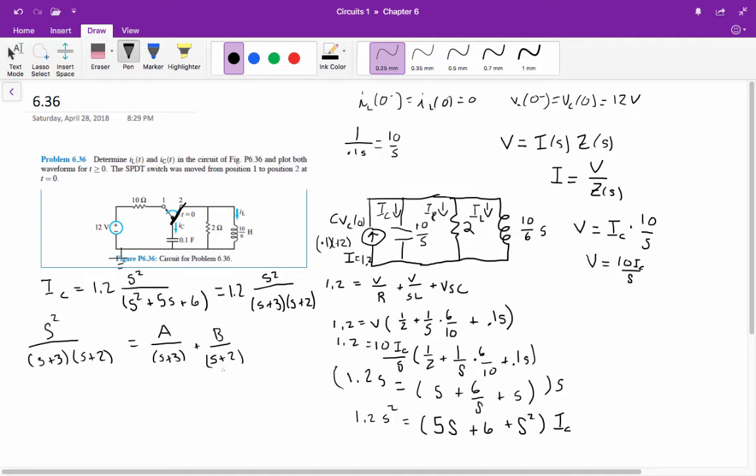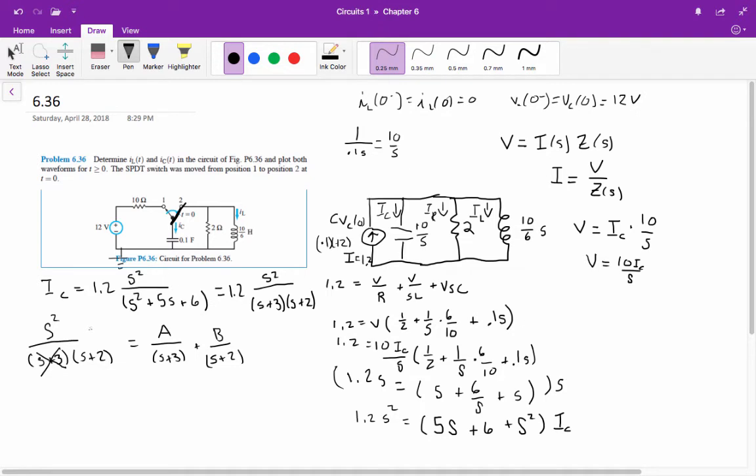Now I'm going to show you my super sneaky way of doing partial fractions as long as you just have linear factors. To figure out the a, you look at the denominator here, s plus 3, and figure out what s would make that equal to 0, and that would be negative 3. So I take negative 3 and plug it into my original fraction, but not using s plus 3.